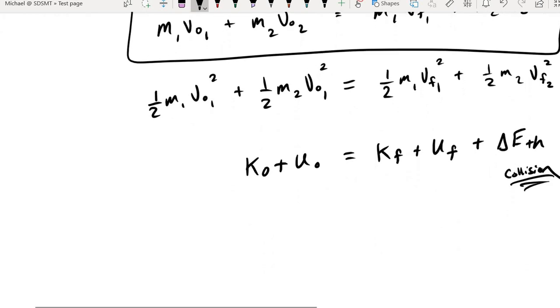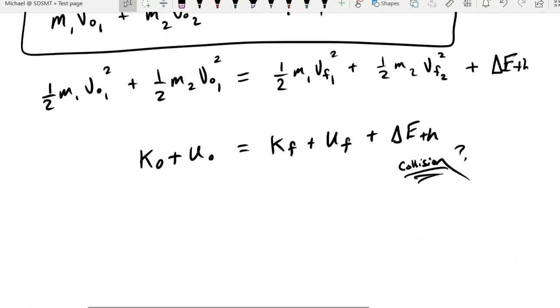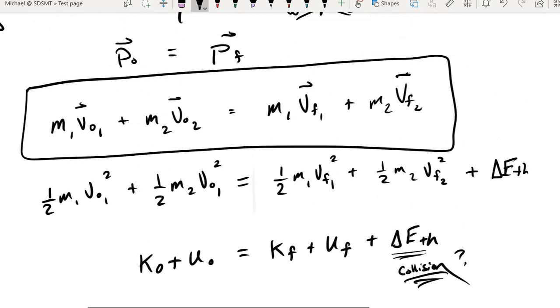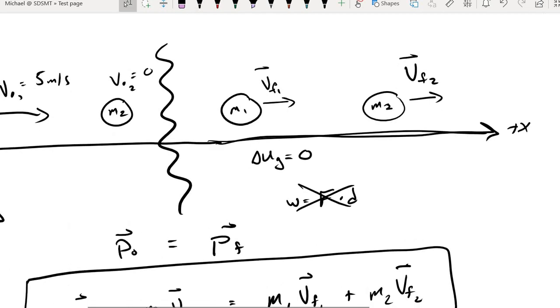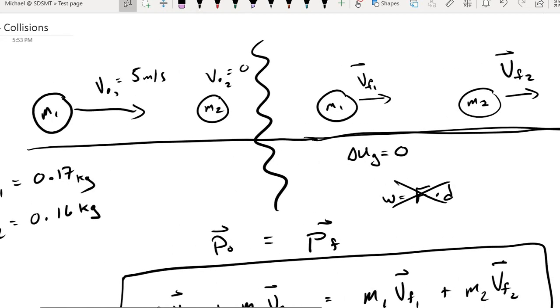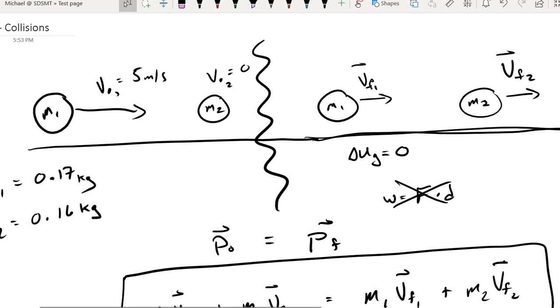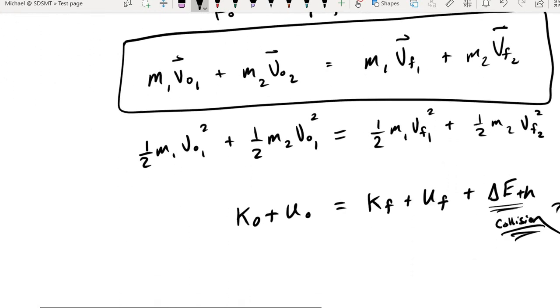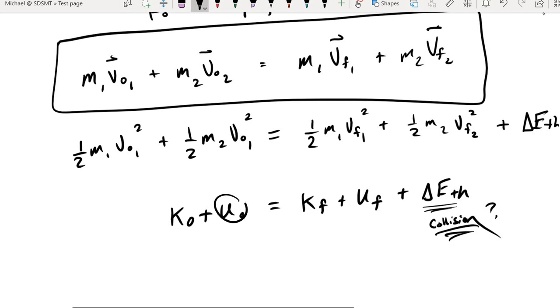So the transfer of energy to thermal energy is not something that we can readily figure out just yet. Now, we did say that the potential energy in this system was going to be 0, because all of the billiard balls are going to stay on the table, and that's where I'm going to assign the 0 point for the potential energy.